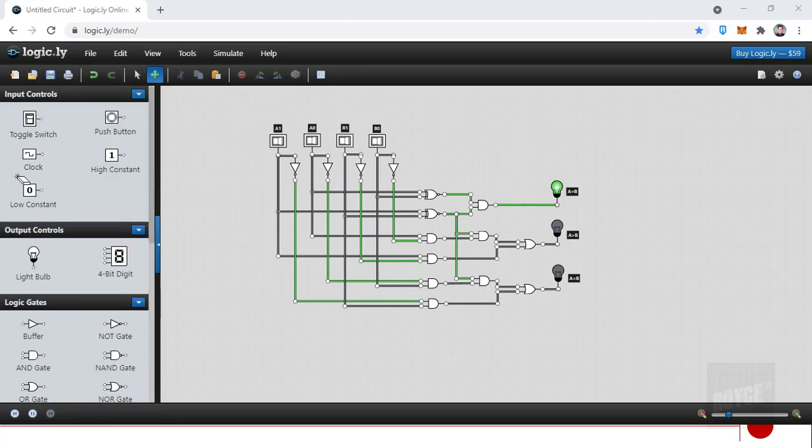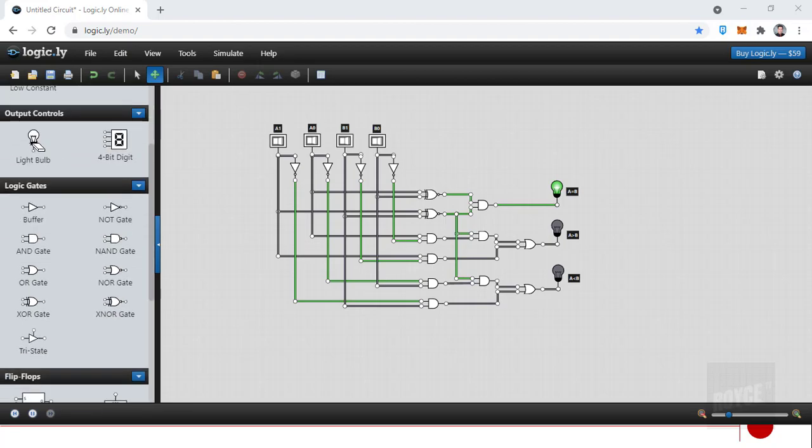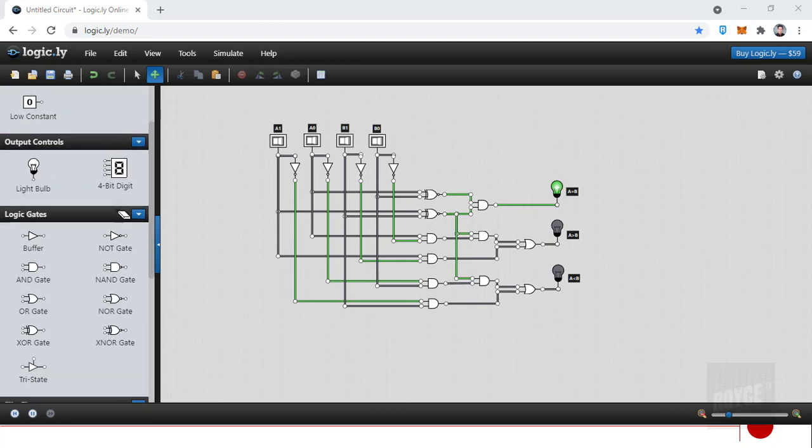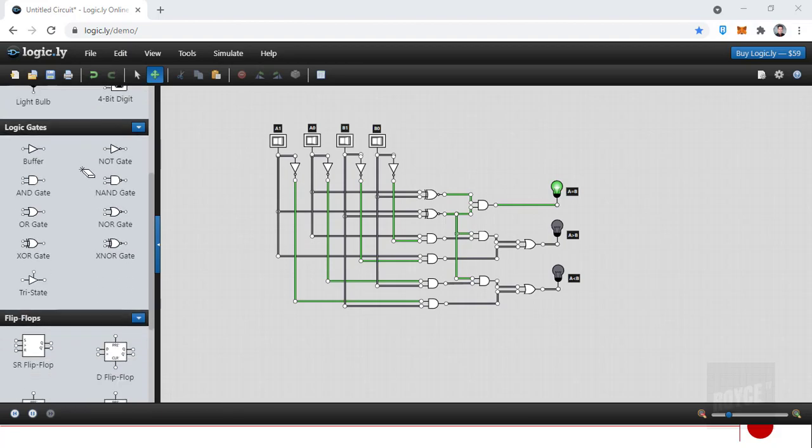As you can see here, ang mga laman niya, toggle switch, push button, high na input, low na input, pwede namang clock, square wave yan. Then may output siya, either a light bulb or a 4-bit digital 7 segment. Then ito yung mga logic gates niya, kompleto yan.